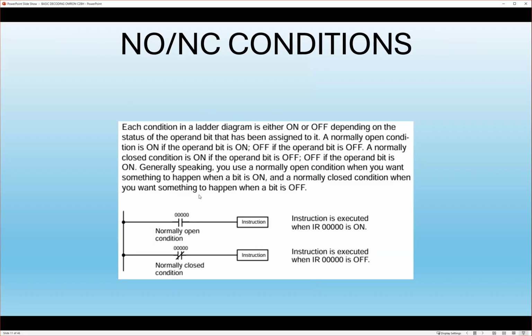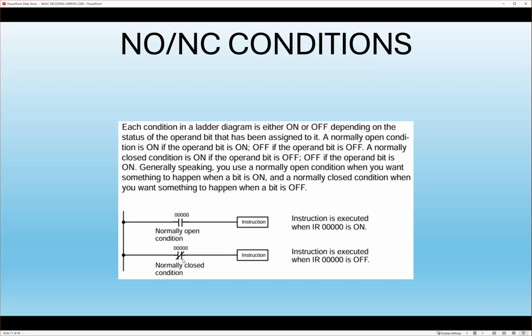So these are your normally open and normally closed conditions. Like I was explaining, each condition in a ladder diagram is either on or off depending on the status of the operand bit it has been assigned to. A normally open condition is on if the operand bit is on, off if the operand bit is off.